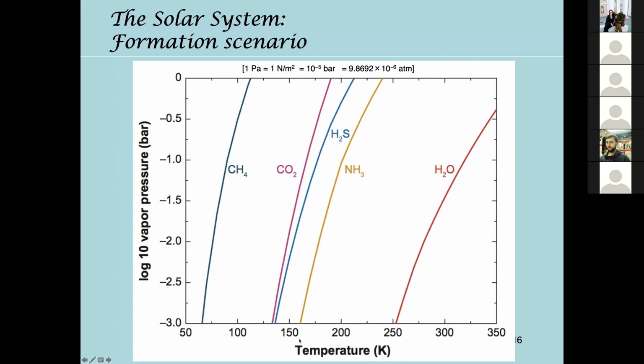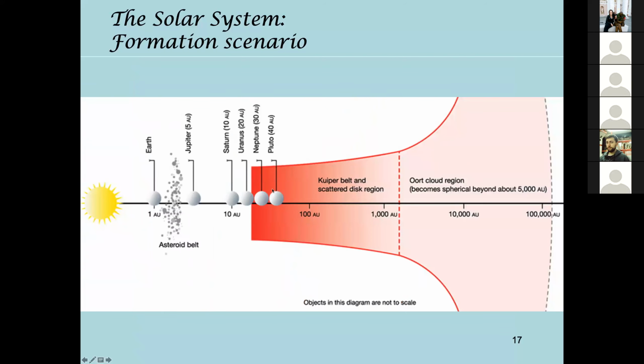Here the temperature increases in this direction, so it means that your star is in this direction. You see water is the first to freeze, but then you have ammonia, you have H2S. We have not talked about H2S, but it's similar to water, with sulfur instead of oxygen. Then you have CO2, which is very important also for our planet composition, and methane comes. So you expect a variation in composition as you move outwards in our solar system.